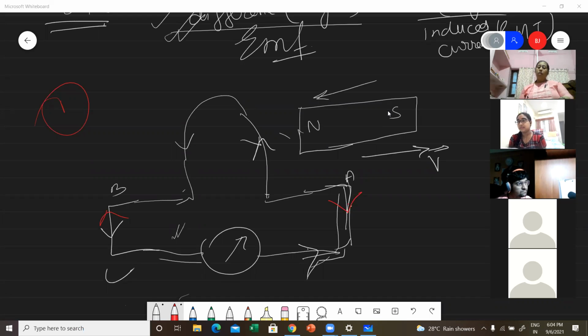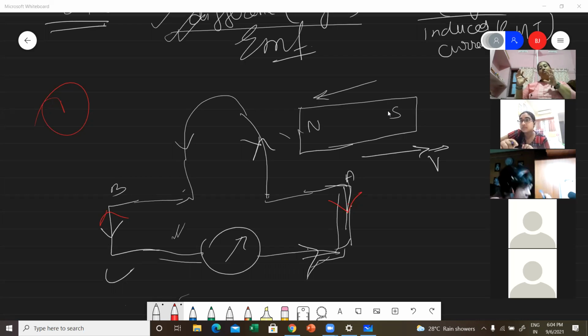Understood? These are the conditions that you have to know. Write it down in the note: whenever there is relative motion between my magnet and the coil, we have assigned four cases.